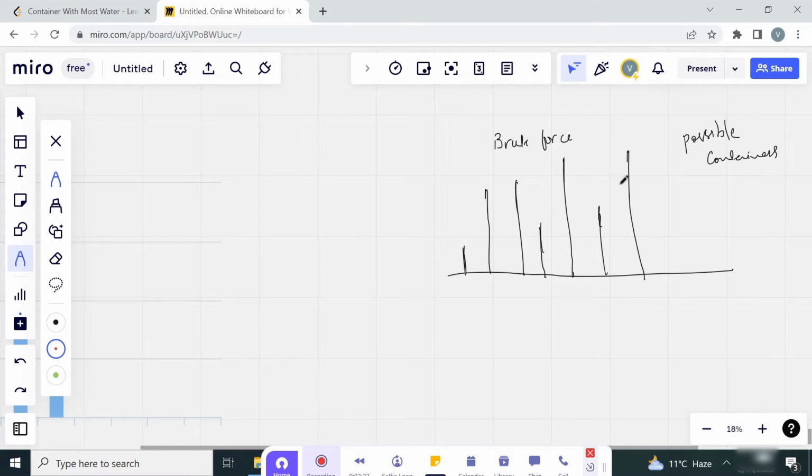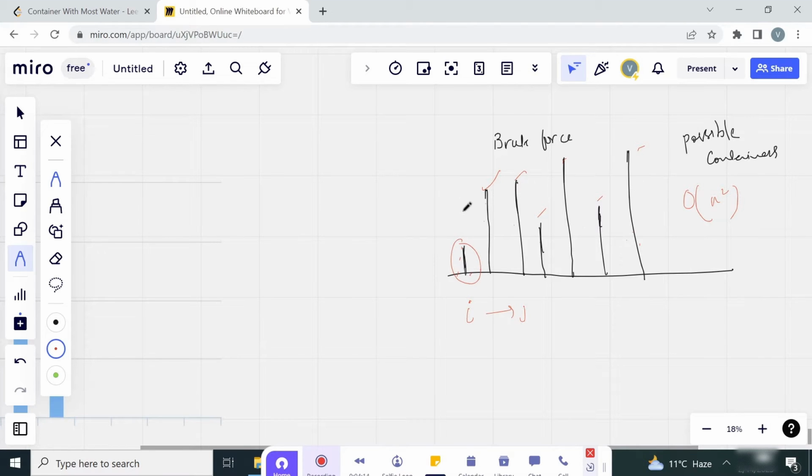If I apply brute force, it will be order of n square. For each line we can have a container with the other lines. For each value of i we will have a j, so running an n square loop. For this line I can have a container with these lines, and again with this line I can have a container with these lines, and so on.